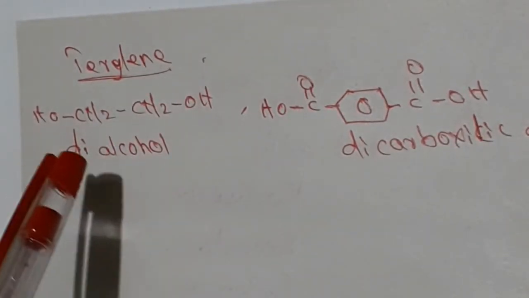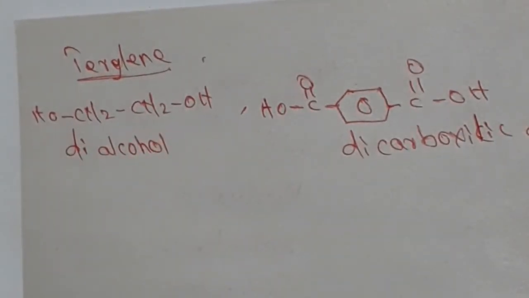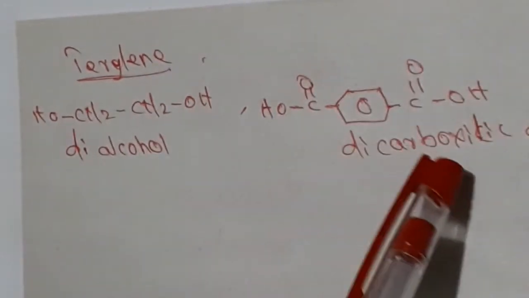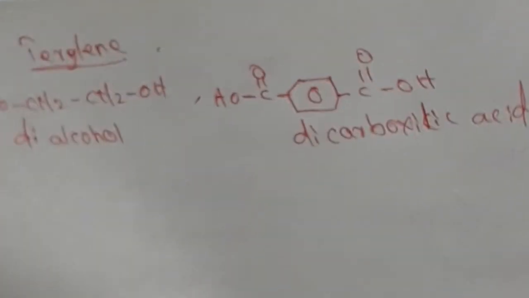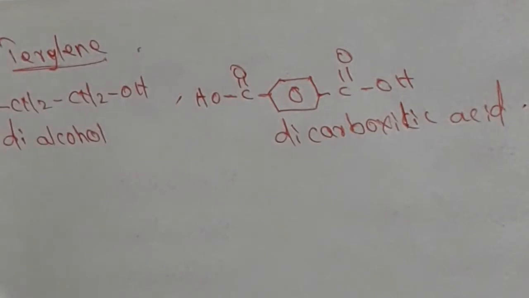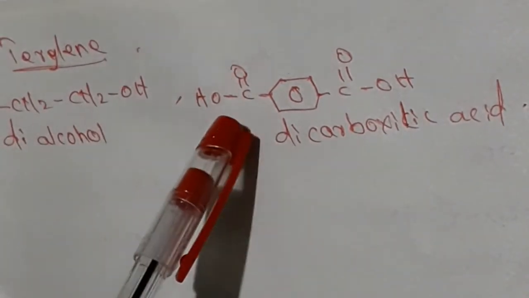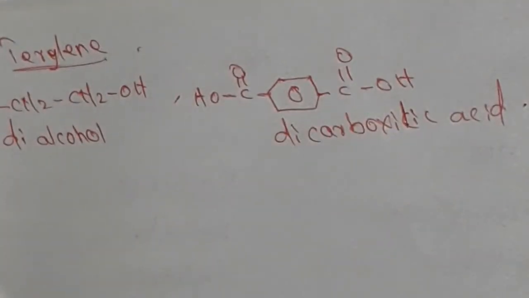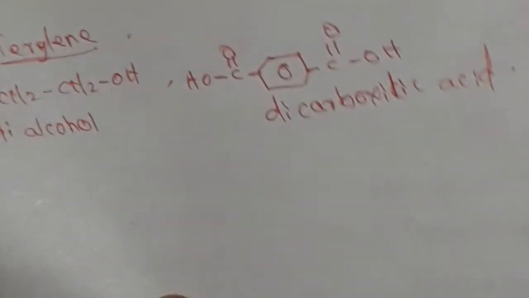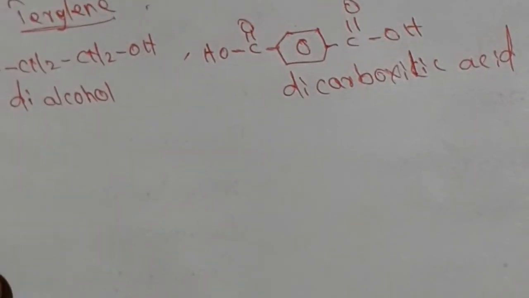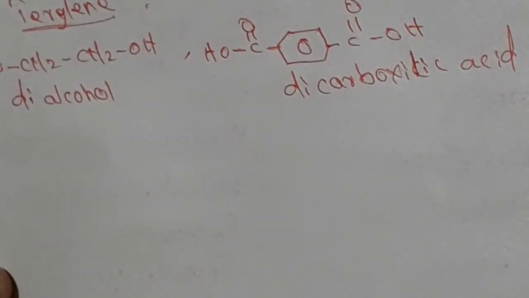That's why we call this type of alcohol dialcohol. And this is dicarboxylic acid. Dicarboxylic acid means the compound which consists of 2 COOH groups. Clear?